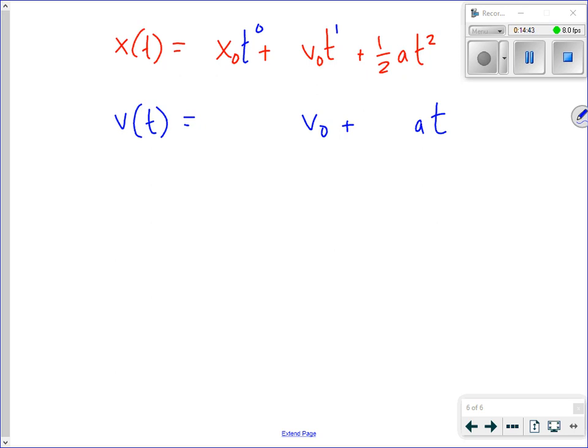Well, here's actually what's true. This is actually x naught times t to the something, but kind of who cares, don't worry about that. And this is really times t to the 0, and you could put a 1 there.